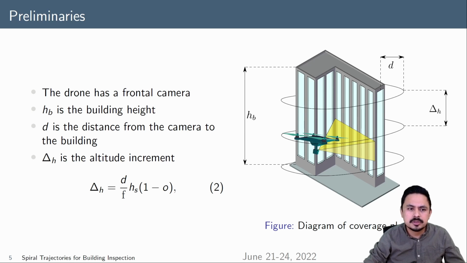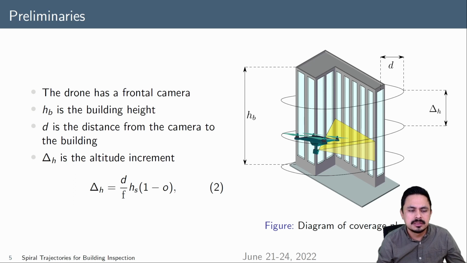First, we are assuming that the drone has a frontal camera that is observing the building. This camera should have a gimbal to compensate the pitch and yaw movements of the drone. A well-known example of this configuration is the Parrot Bebop drone.